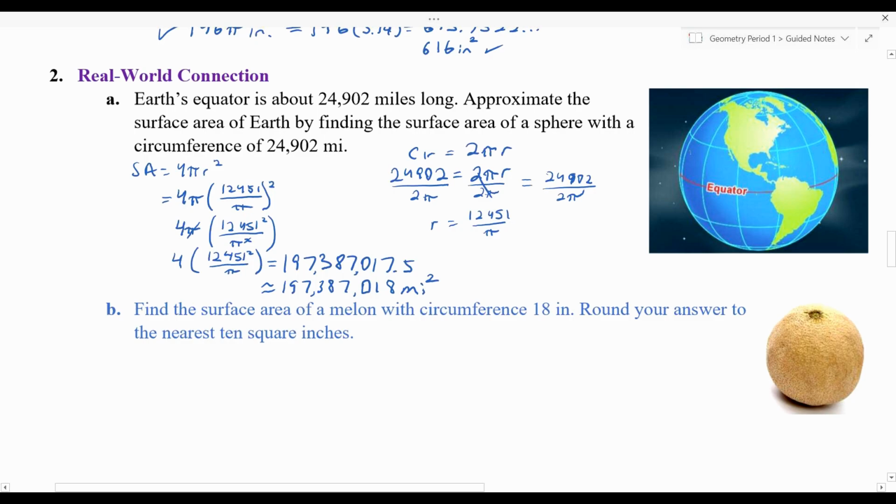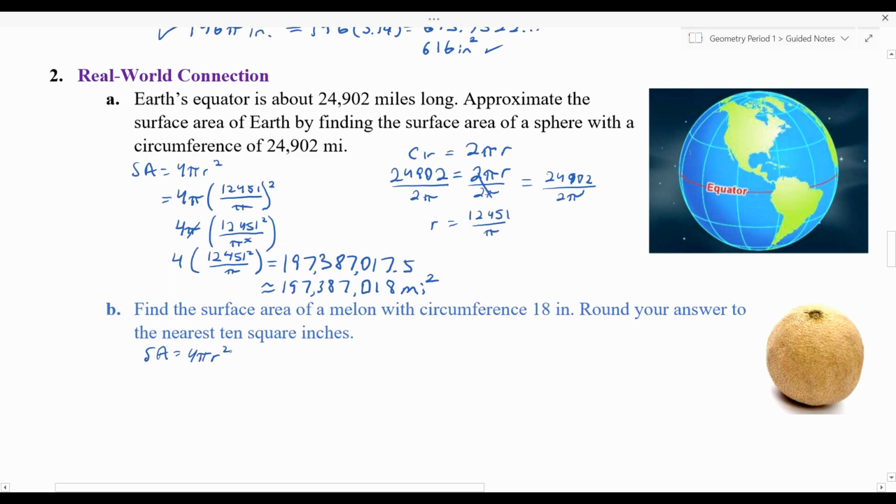Okay, so still we're dealing with surface area of a sphere. So the formula has not changed, and the approach is very similar to what we did on the first part. So we have surface area equals 4 pi r squared.